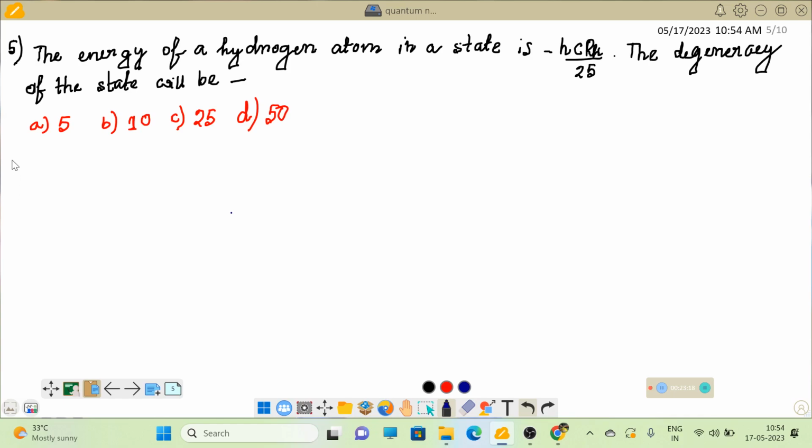Okay. So here is the next question: the energy of the hydrogen atom in a state is minus HCRH by 25. They want to know the degeneracy. We know that the energy of the hydrogen atom is minus RH z square by n square.